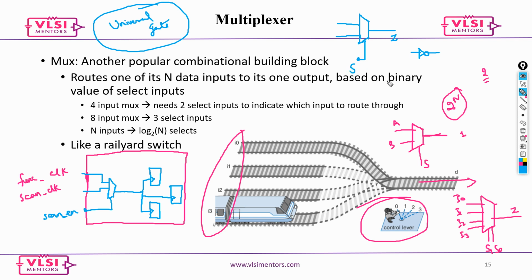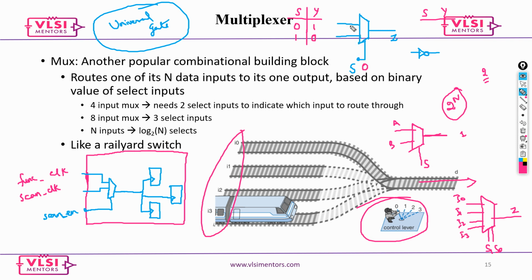Now when you give S as 0, what do you expect? The inputs are 0 and 1. When you give 0, you expect an output of 1, and when you give 1, you expect an output of 0.